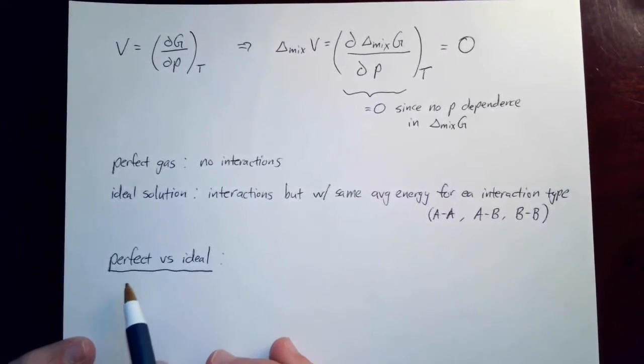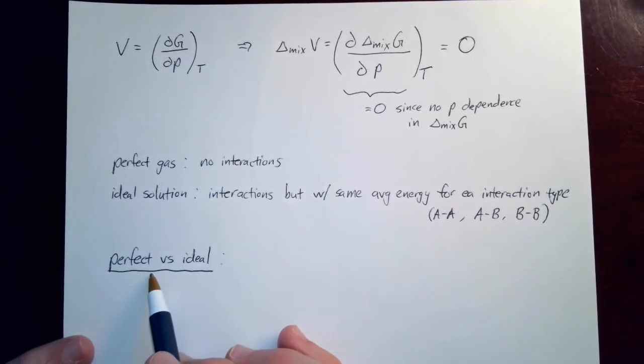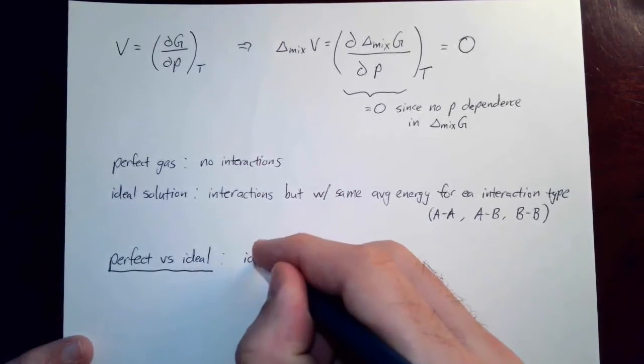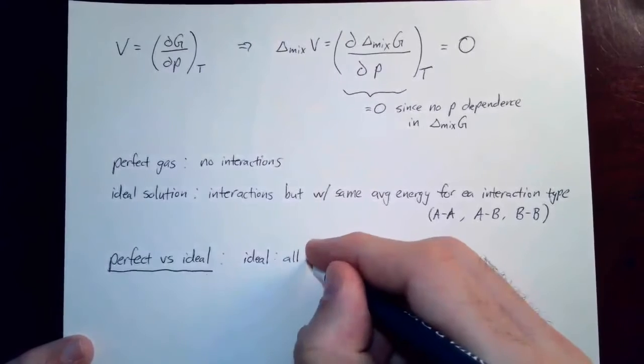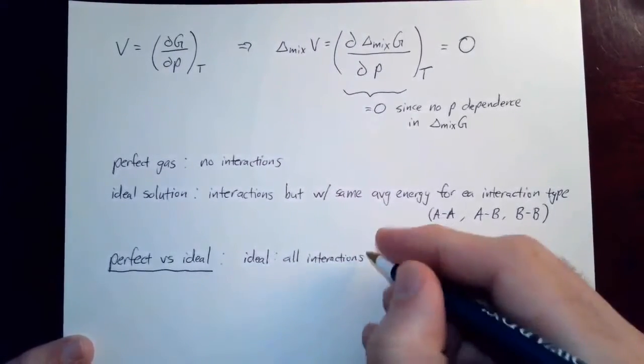Often we say ideal gas, but in this textbook and in this class, we've been using perfect gas versus ideal, which we just saw in solutions. So now we have some idea of what the differences are. So ideal effectively means that all the interactions have the same average energy.